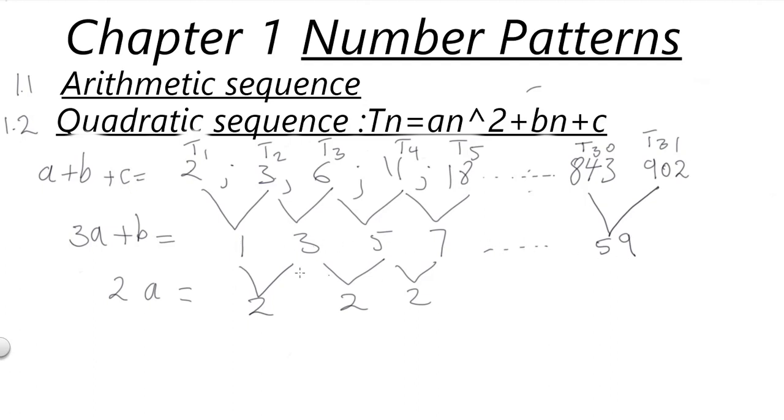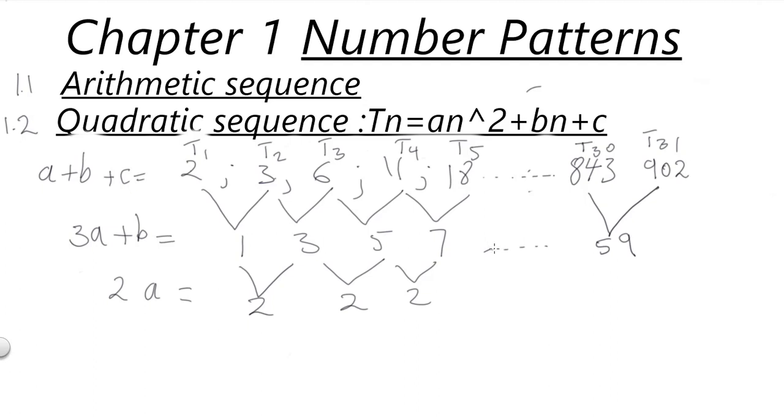Can you see? Because when you have a number pattern, we have 1, 3, 5, 7. So there is an order here. When you say 3 minus 1 is 2, this is another sequence. So this is what you have to keep in your mind for a quadratic sequence.